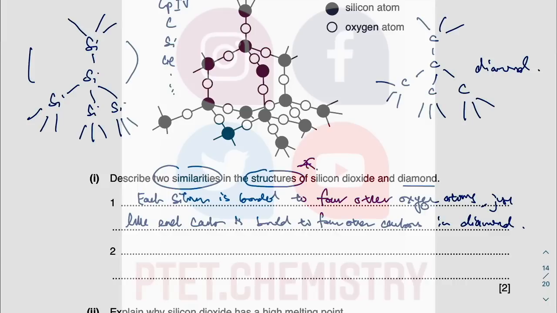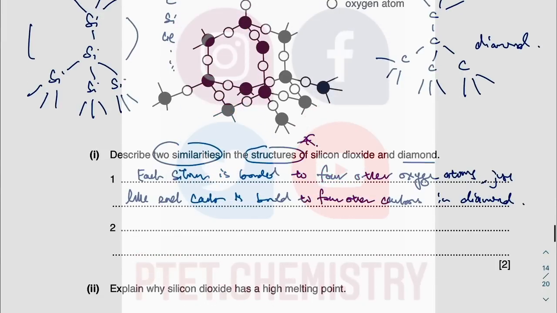What else could I think of? Oh yeah, I did mention it just now. Both SiO2 and diamond have giant molecular structure. Yeah, I mean, that's pretty obvious. What else could you say?